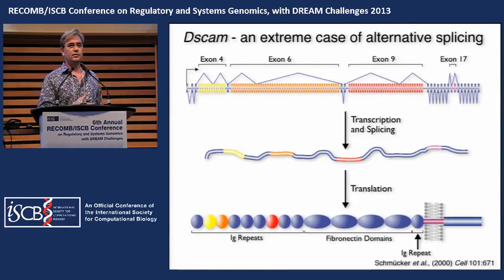The alternative exons are organized into 4 clusters: the exon 4 cluster has 12 exons, the exon 6 cluster has 48 exons, the exon 9 cluster has 33, and exon 17 has 2. The exons within each cluster are alternatively spliced in a mutually exclusive manner, meaning that every time you generate a transcript, you include one exon 4, one exon 6, one exon 9, and one exon 17.